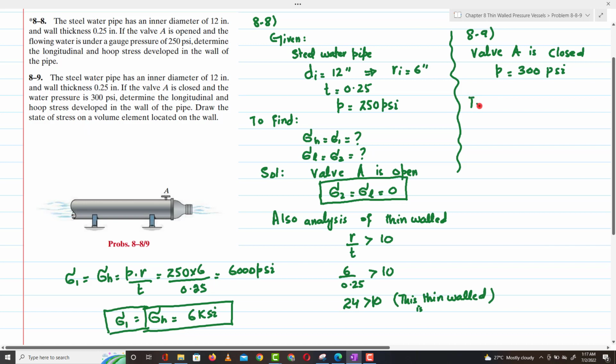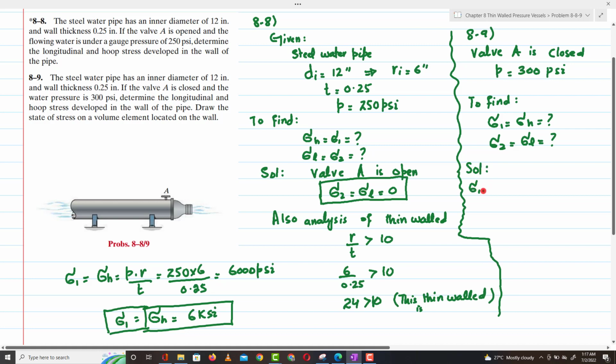So to find sigma 1, which is equal to sigma h, and sigma 2, which is equal to sigma longitudinal. Clear? And you also have to draw the state of stress on the volume element located on the wall. So let's start with the solution.